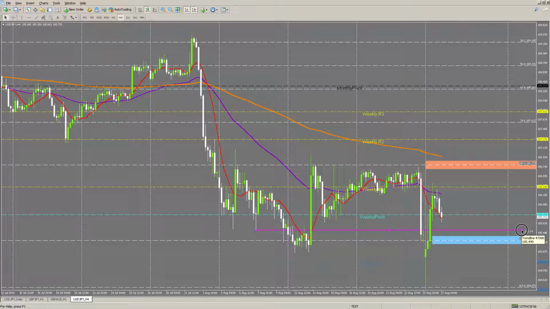So we'll mark that as our intermediate support level. Here's another swing low here that fell through at the start of the week, and that is at 105.05.